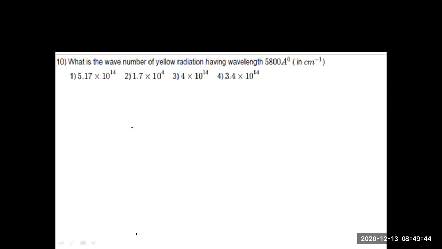Yes, 10th question. What is the wave number of yellow radiation having wavelength 5800 angstrom? Answer should be in per centimeter. Wave number, what is the formula for calculating wave number? Wave number is equal to nu bar is equal to 1 by lambda. Come on, get me the answer. Aditya says option 2. How about remaining?